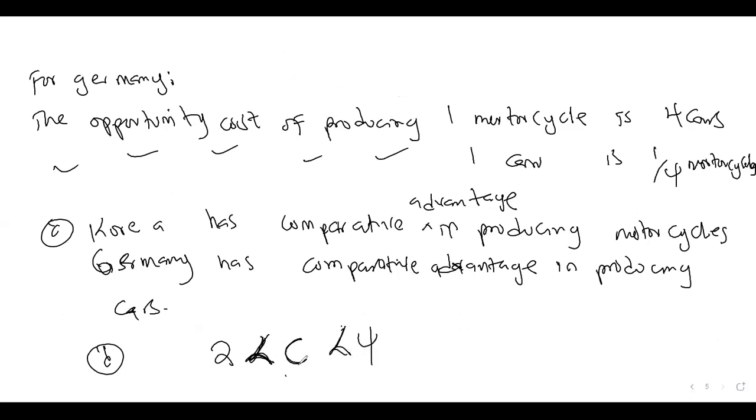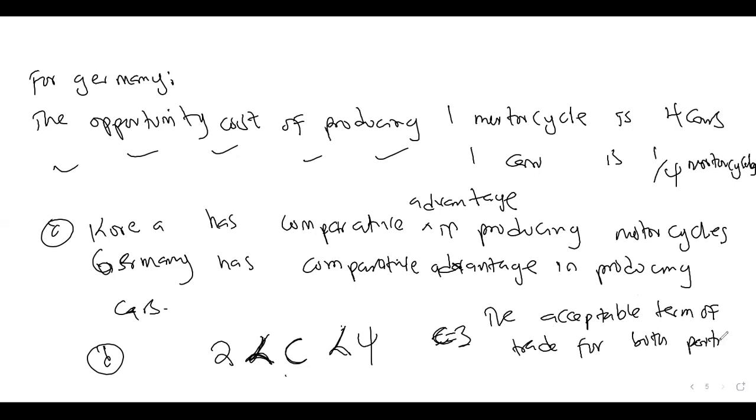So that means the number should be between 2 and 4. And obviously, the number will be 3. All right, so here, the acceptable term of trade for both parties is one motor vehicle for 3 cars.